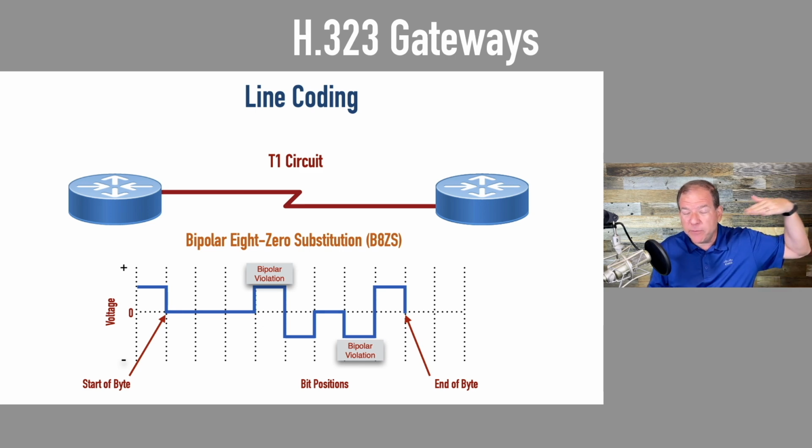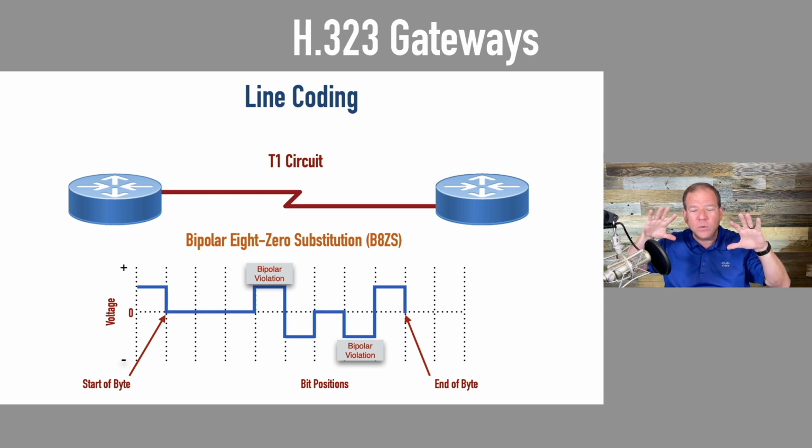The voltage before we began this all zeros byte was a positive voltage. And at that 4th bit position inside of that byte, we're sending another positive voltage. That breaks the rules. We're trying to send an average of 0 volts on the wire. We just had what is called a bipolar violation. We've had 2 sequential positive voltages representing a binary 1.